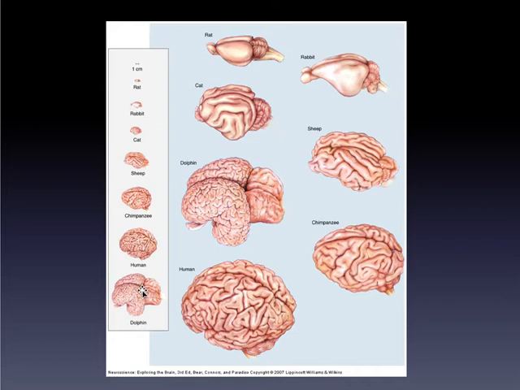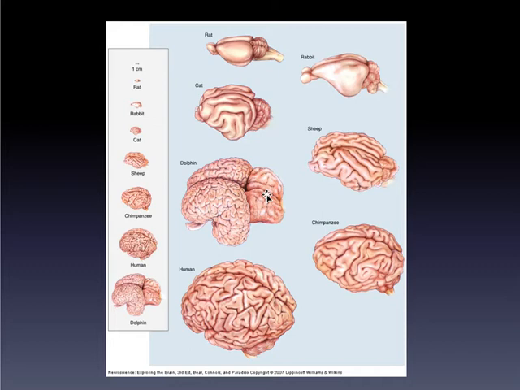Even though you can see very distinct differences between these brains of different mammals, what I want to emphasize is that the layout of all these is more or less the same. What we see here, with the more elaborate looking brains, is just an elaboration on a theme and a pattern of development that's consistent.